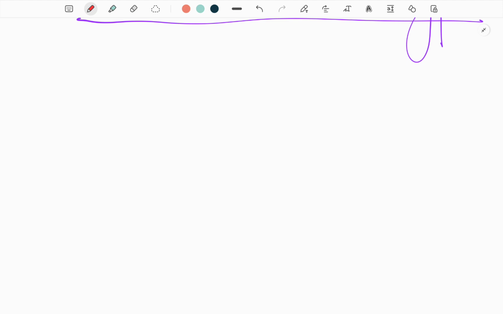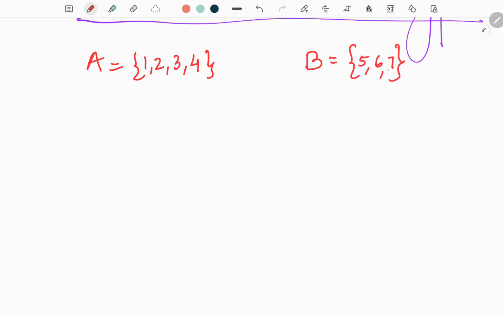Now, last year you would have studied about Cartesian product, and you know, if there are two sets A and B, let's say A is 1, 2, 3, 4, and let's say B is 5, 6, 7.